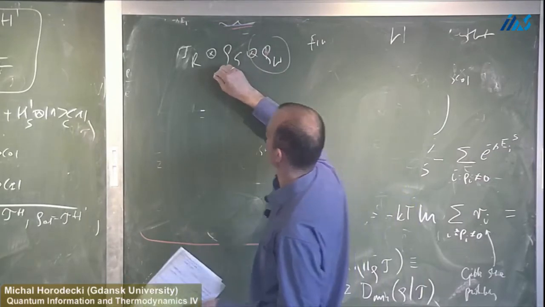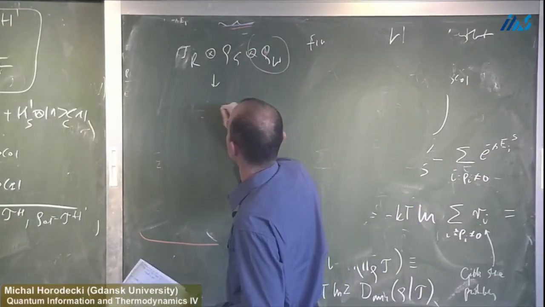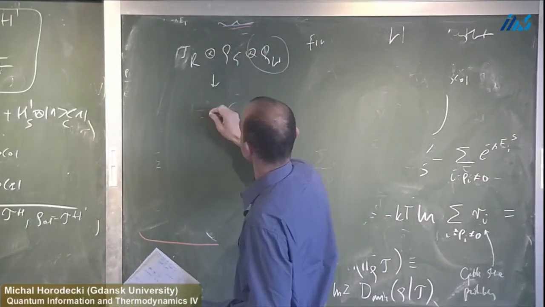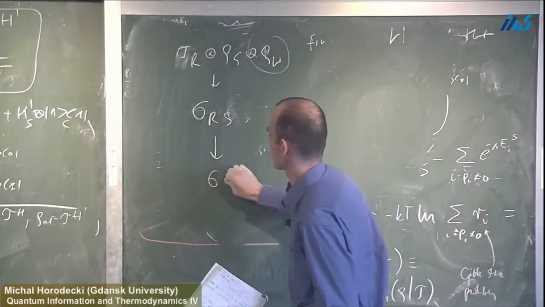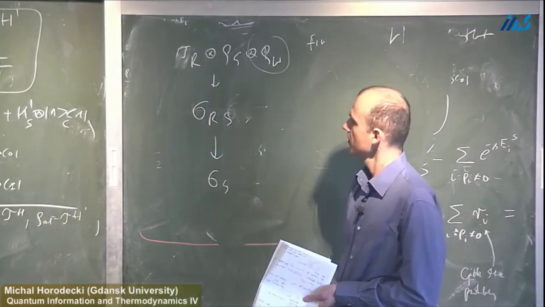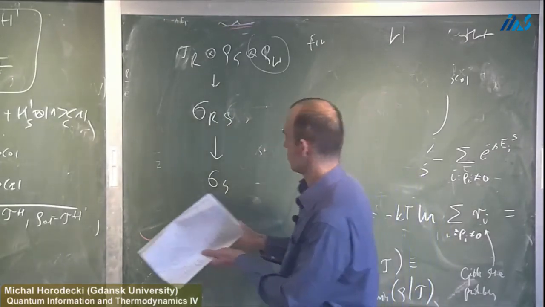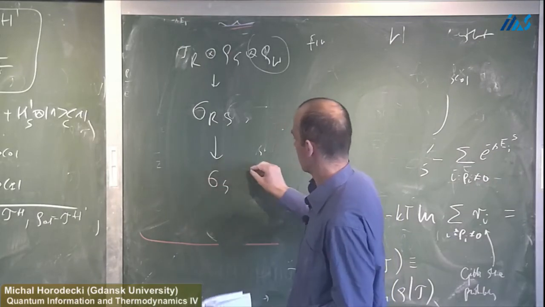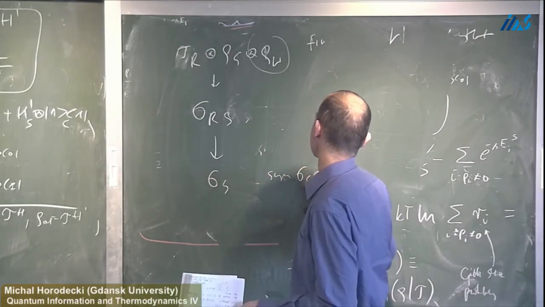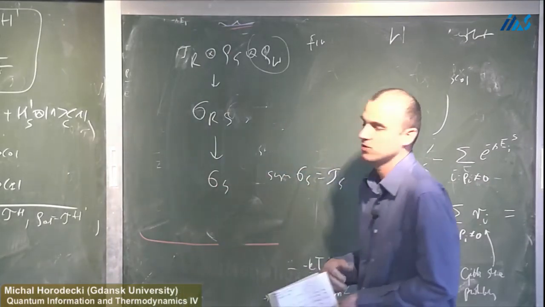Suppose we want to go just to some sigma, which means that we go to some total state of sigma, and then we partially trace. Suppose now that sigma is really a Gibbs state. So you just lost everything.